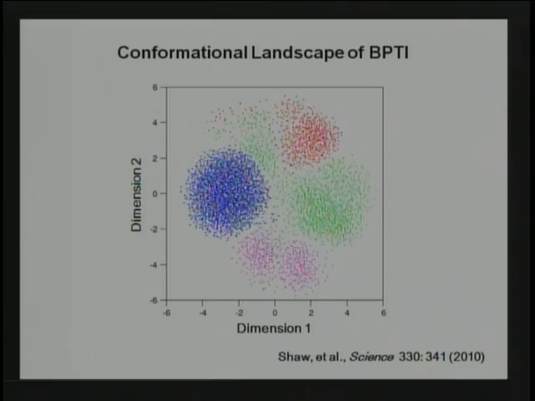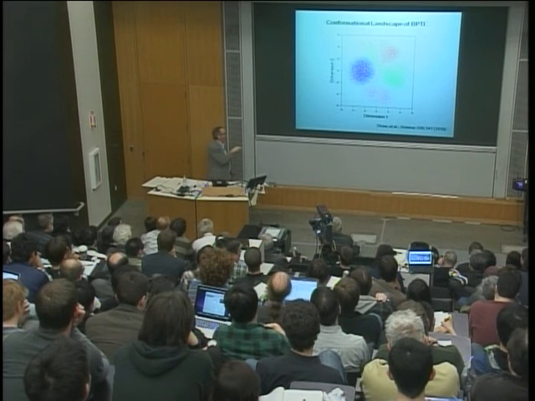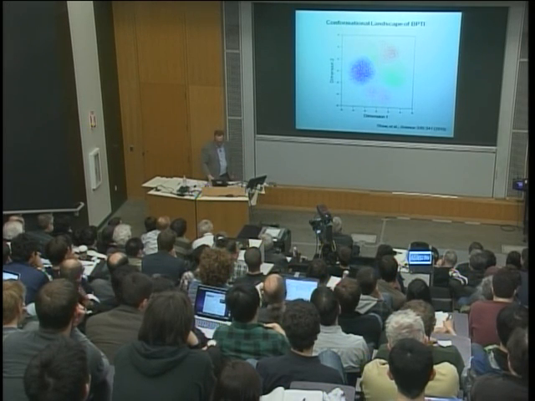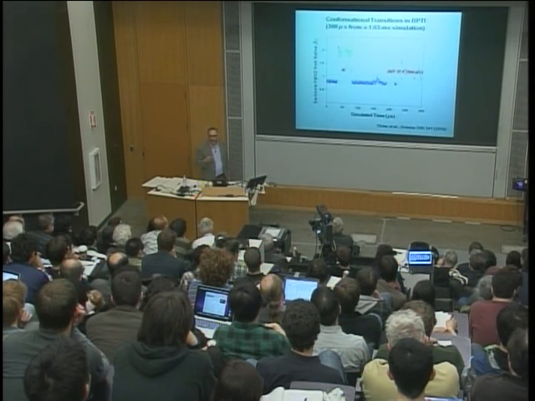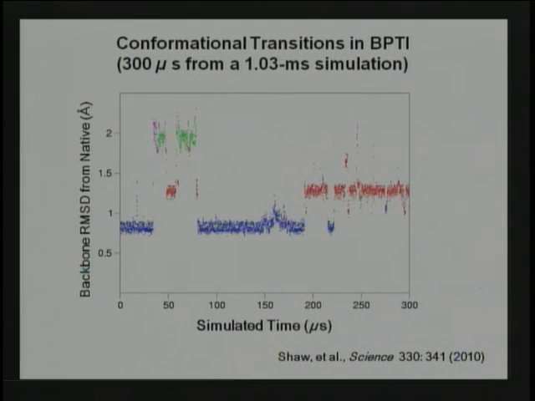If you do a clustering algorithm, you get several different distinct clusters with relatively infrequent transitions between them. And then sometimes we look at the transitions over a period of time. So here you see the same colors and a different y-axis now. What that's measuring is the distance in some sense. It's the root mean squared distance between the native structure, the one that sits in an experimentally determined crystallographic image, and where it is right now.